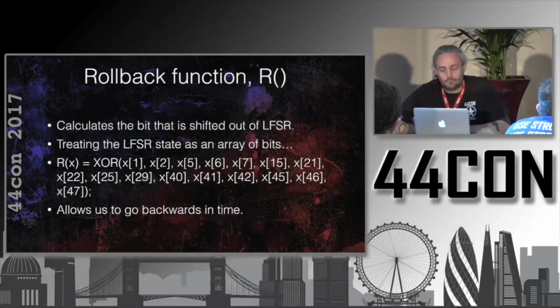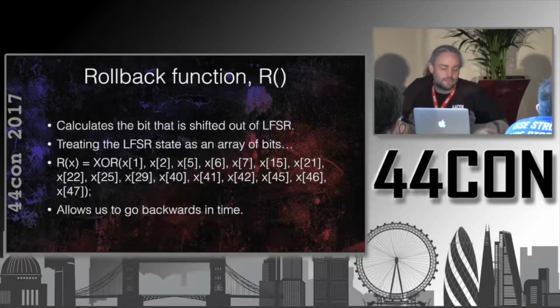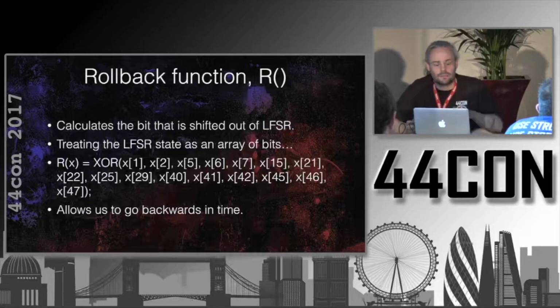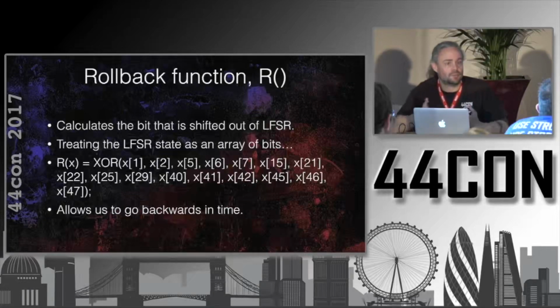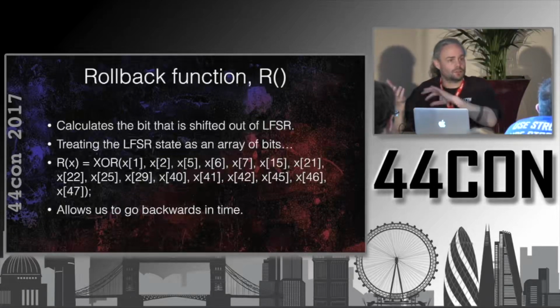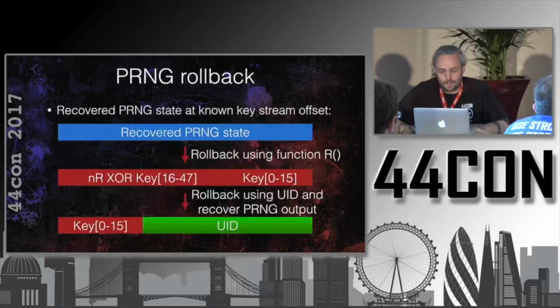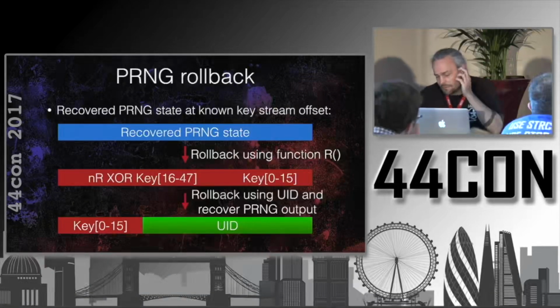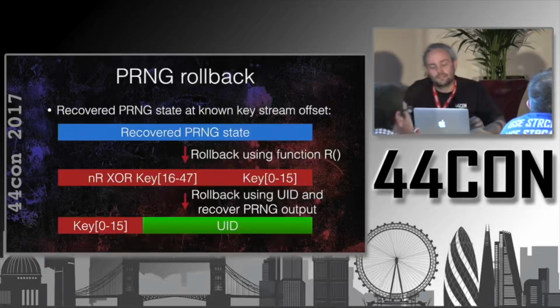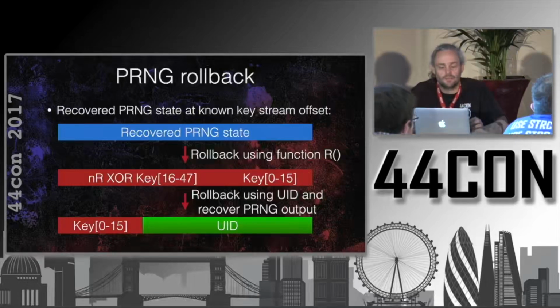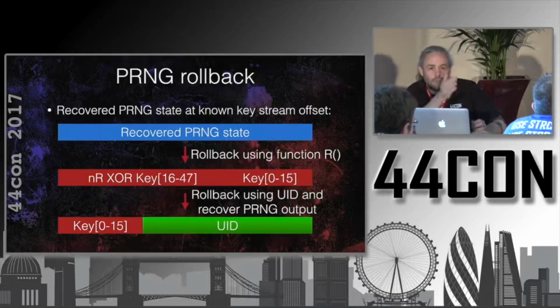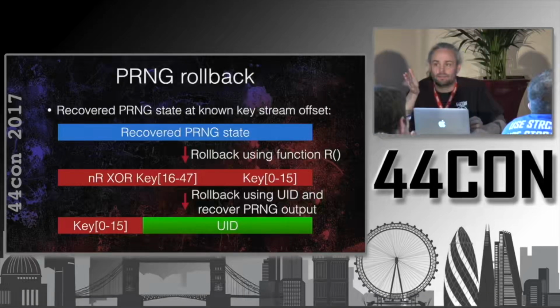Rolling backwards, right? If you know the state of the LFSR, it's dead easy to roll backwards. It's basically function L shifted by a bit, and that will generate the new bits that got lost before. So we can go backwards. Once we've found the PRNG state and confirmed it's the right one, we know what offset we are in that 2048 bits of key stream.